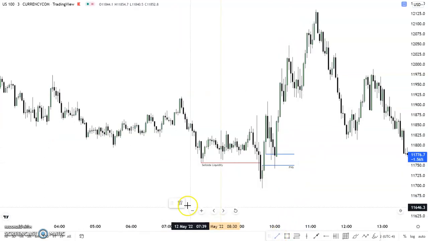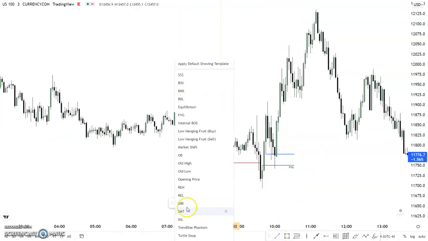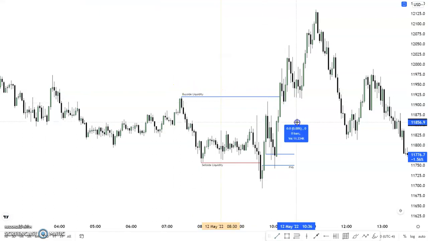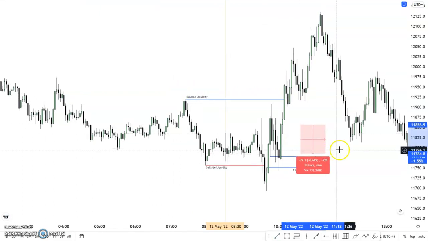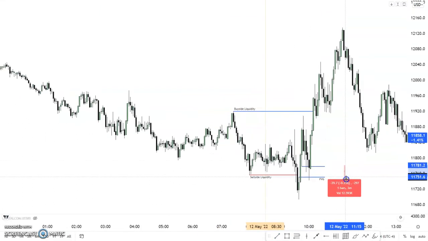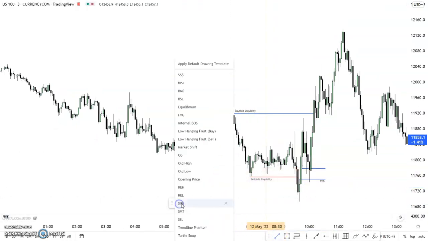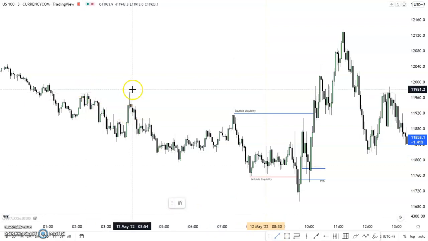And the TP was this high. You can use that high, or you can use the relative equal highs which it created in London right here.